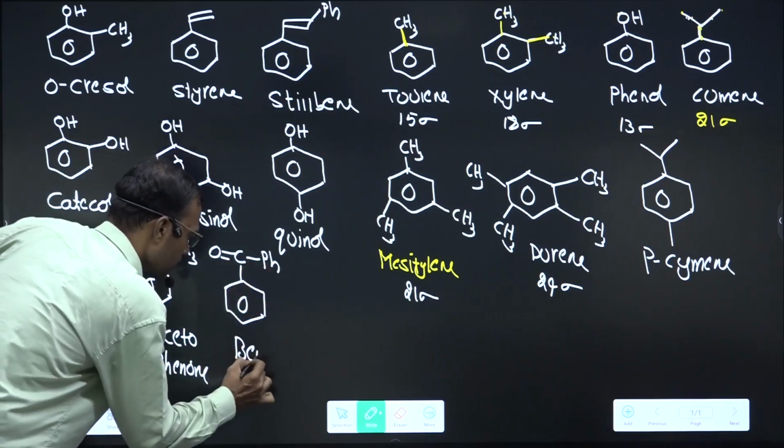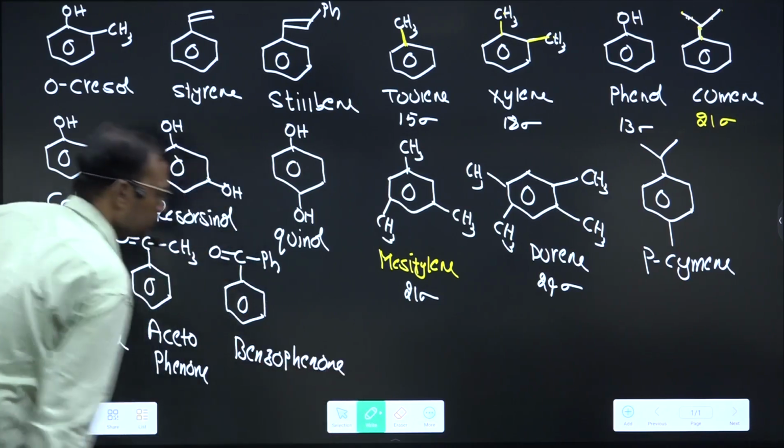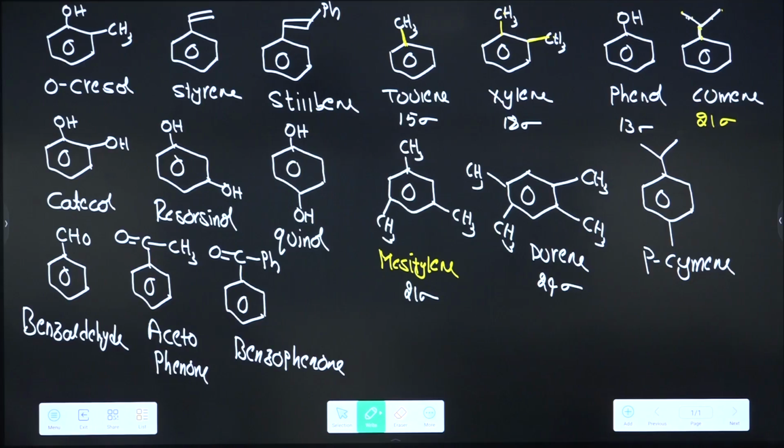What is this? Benzophenone. Benzophenone. Leave some space below, write the number of sigmas.